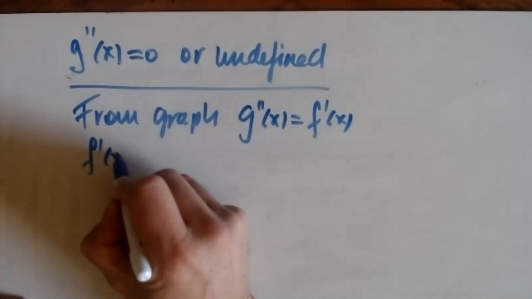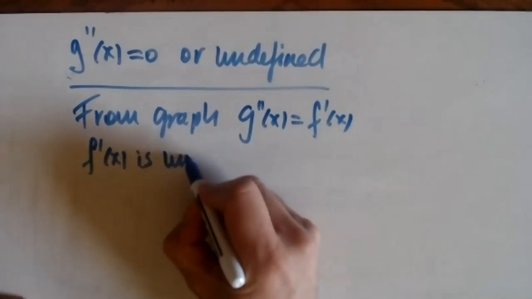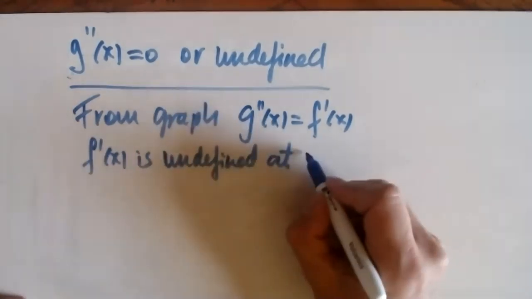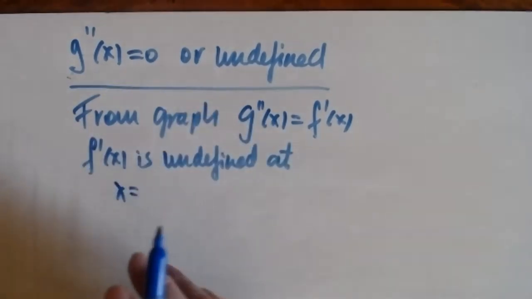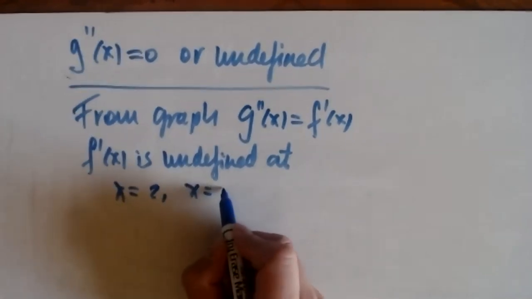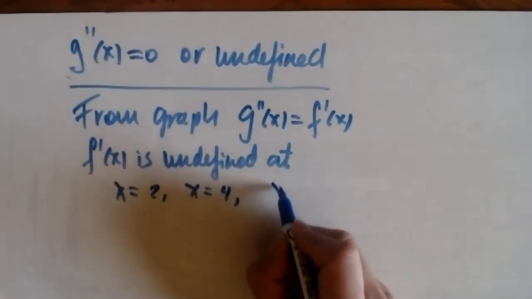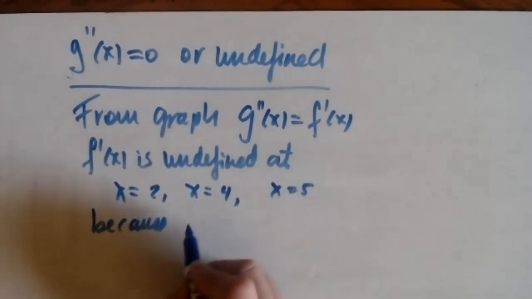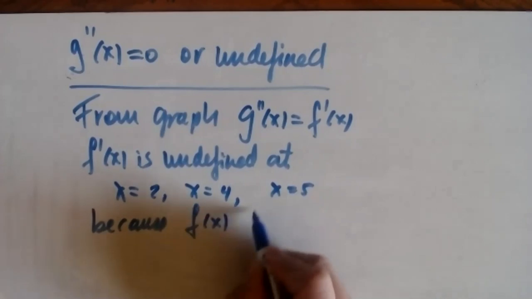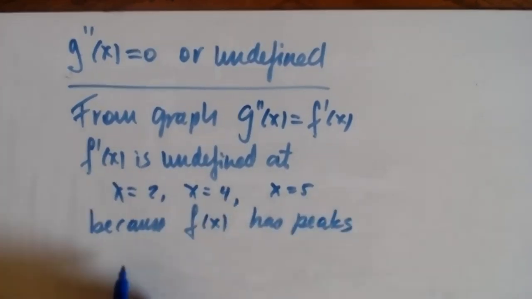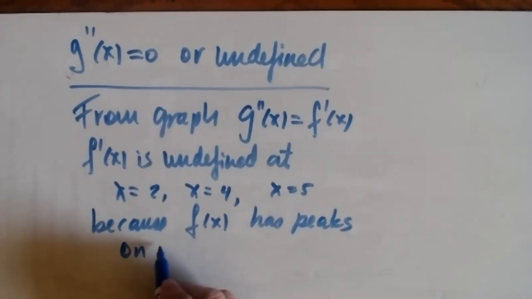F prime of x is undefined at x equals 2, x equals 4, and x equals 5, because f of x has peaks at these values.